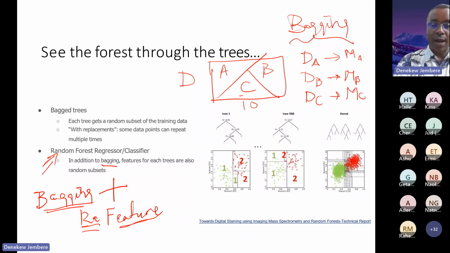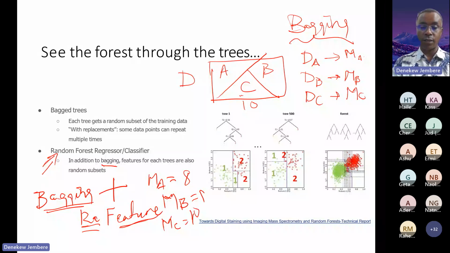But in case of random forest regression, we don't use all the 10 features. Instead, for model A, let's say we might use 8 of the features. For model B, we might use 9 of the features. For model C, we might use all 10 of the features, right? So this is what random forest regressor would do.